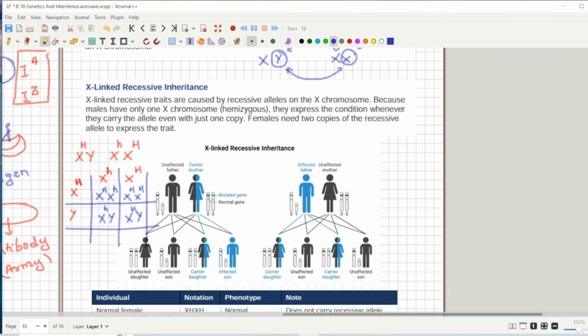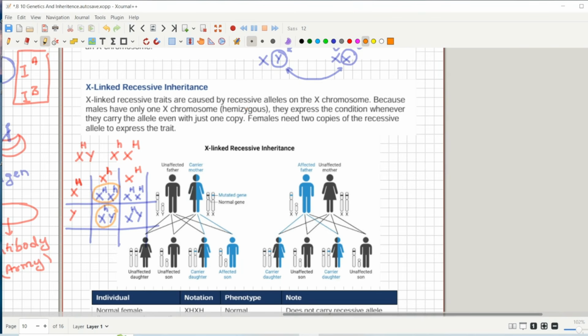So in this situation, first of all, the trait is shown in this boy. This boy has shown the character, while the female also has one X that is small h. It has a recessive X chromosome, but it also has a dominant X chromosome.